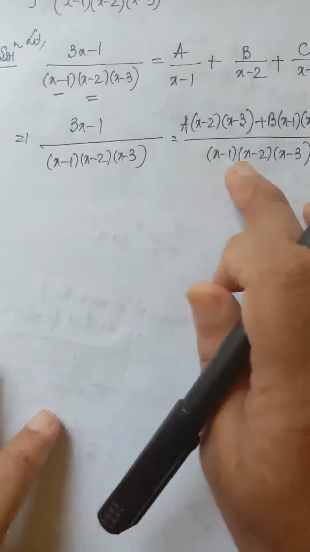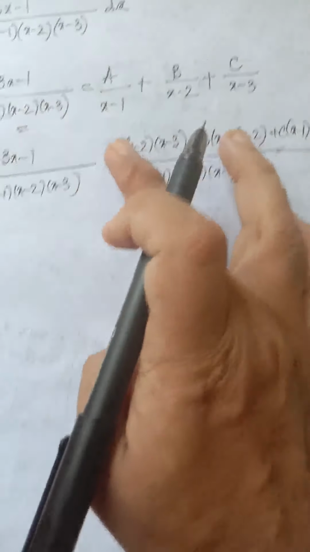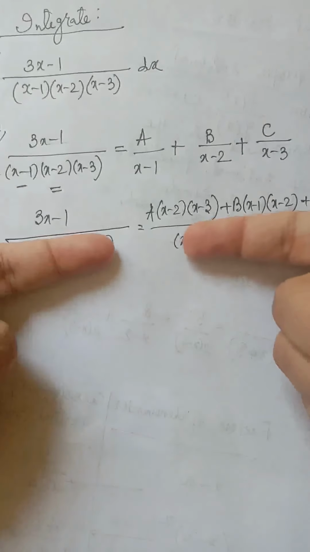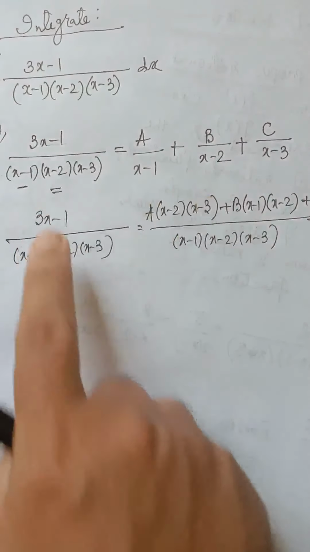Now these two denominators will get cancelled, and we get this equal to this.